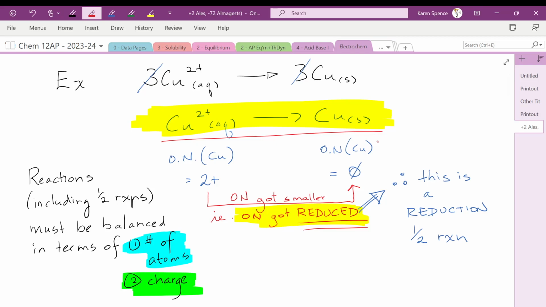Yes, we can absolutely add 2 electrons to this side, and now we have a 2 minus and a 2 plus. What does 2 minus and 2 plus equal? 0, which equals the charge on the other side, 0. Okay, so that would be our balanced reduction half reaction.